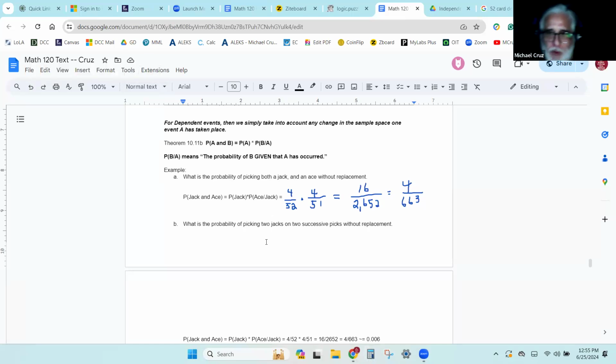What is the probability of pulling 2 jacks on successive picks without replacement? Now, both numerator and denominator will be affected because we're keeping that card out of the deck. And in order for this to have 2 jacks, the first one's got to be a jack, and that jack's not coming back to the deck.